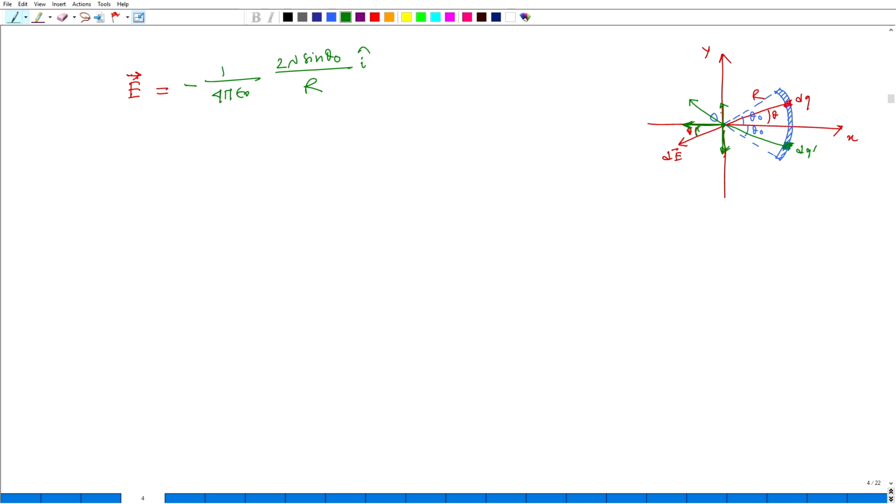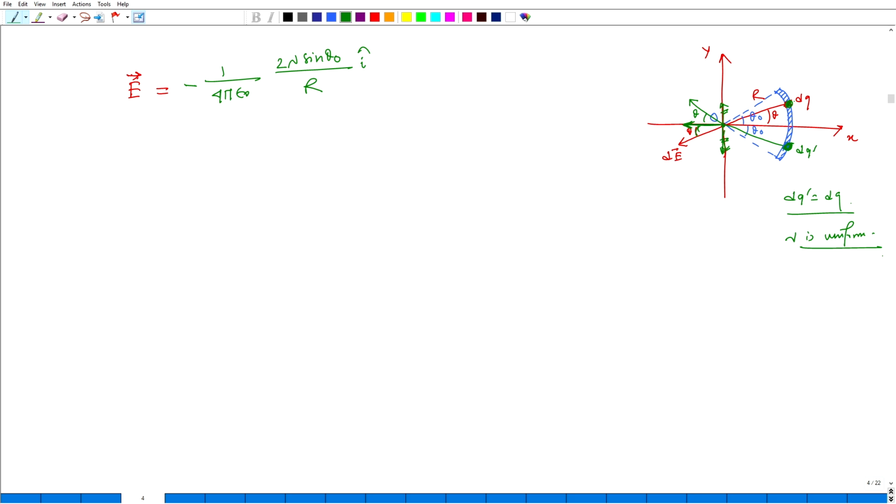The y component cancels, since dq prime and dq are basically the same, because lambda is uniform. The y component of the electric field due to this strip is the same as the y component of the electric field due to the other.